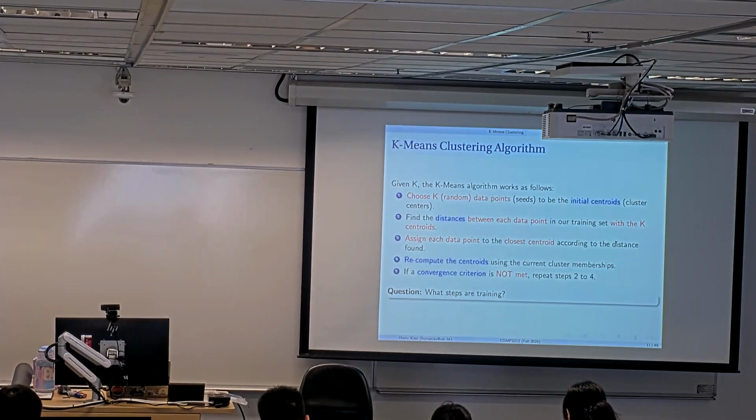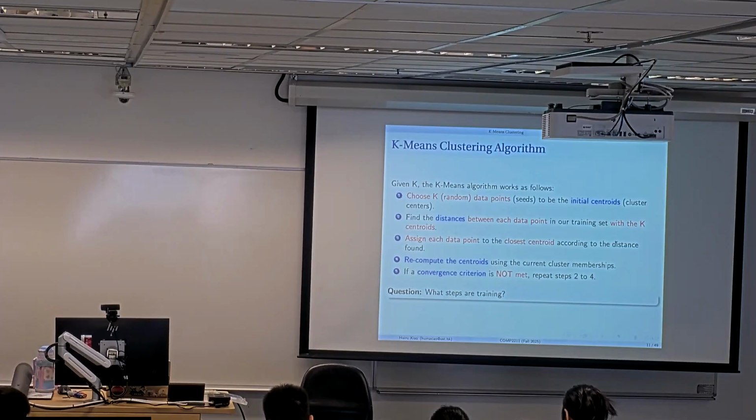After step 3, note that the assignment or the clustering results will be updated. After the clustering is updated, the centroids should also be updated because centroids represent the cluster centers. So in step 4, recompute the centroids using the current cluster memberships. So this is where you update the centroids.